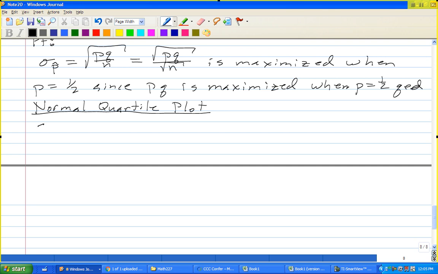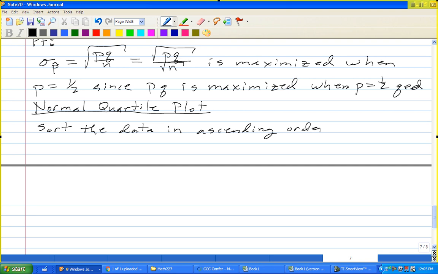So the first thing is sort the data from lowest to highest, so in ascending order. And let's call that x1 to xn.